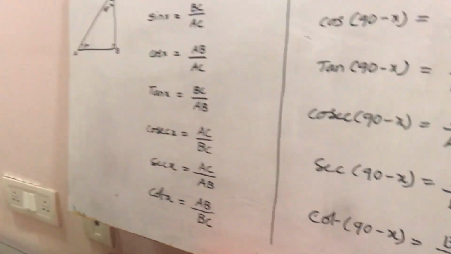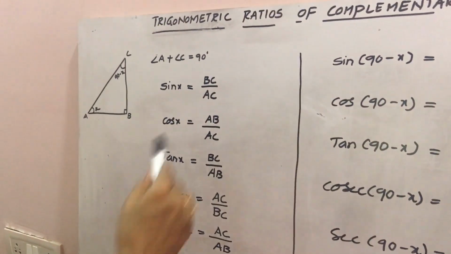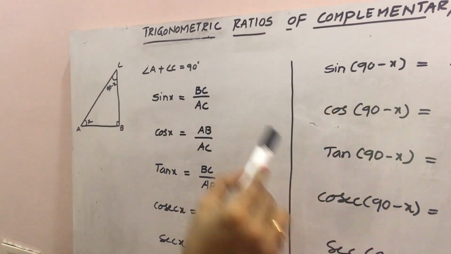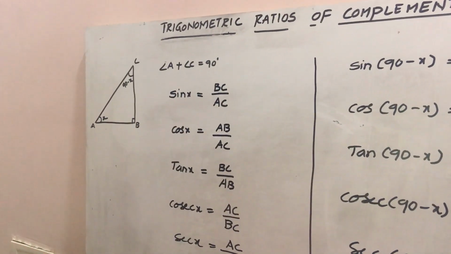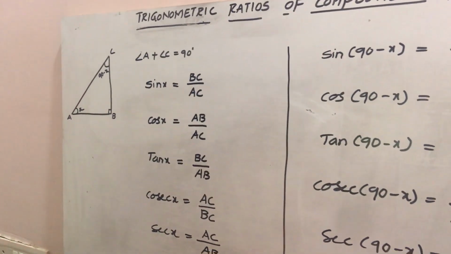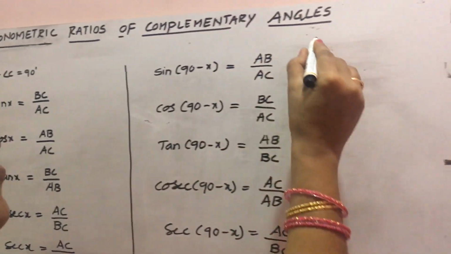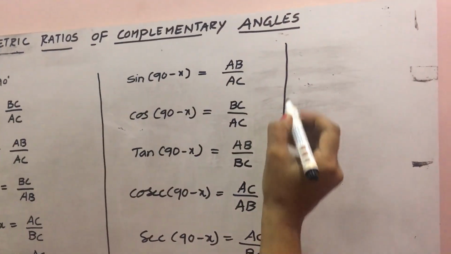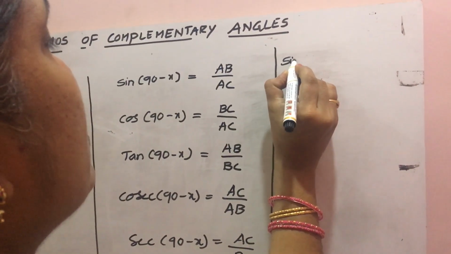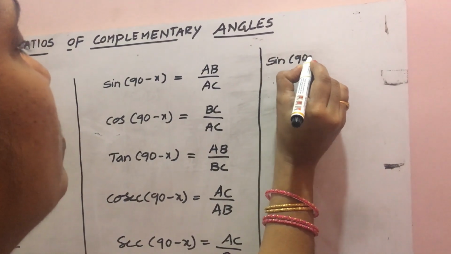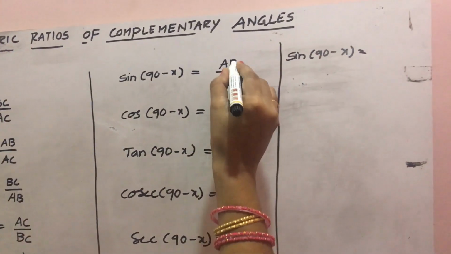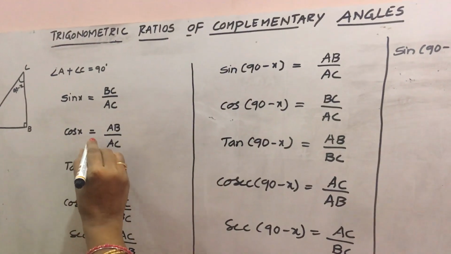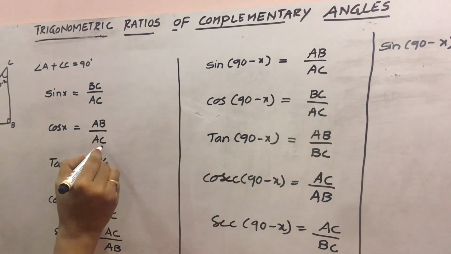See here, from observing all 90 minus X values and also X values, what do you observe? See this, sin 90 minus X is equal to AB by AC. Here cos X is equal to AB by AC.